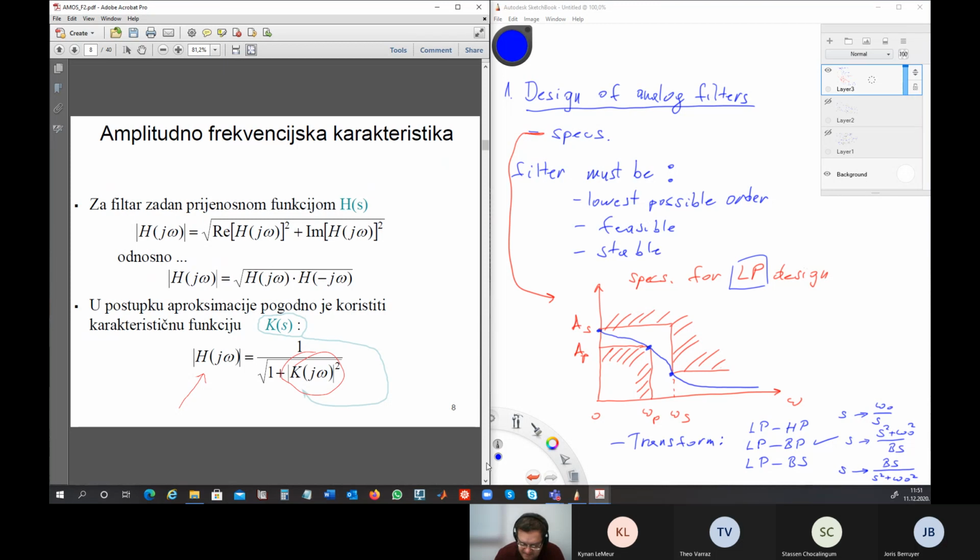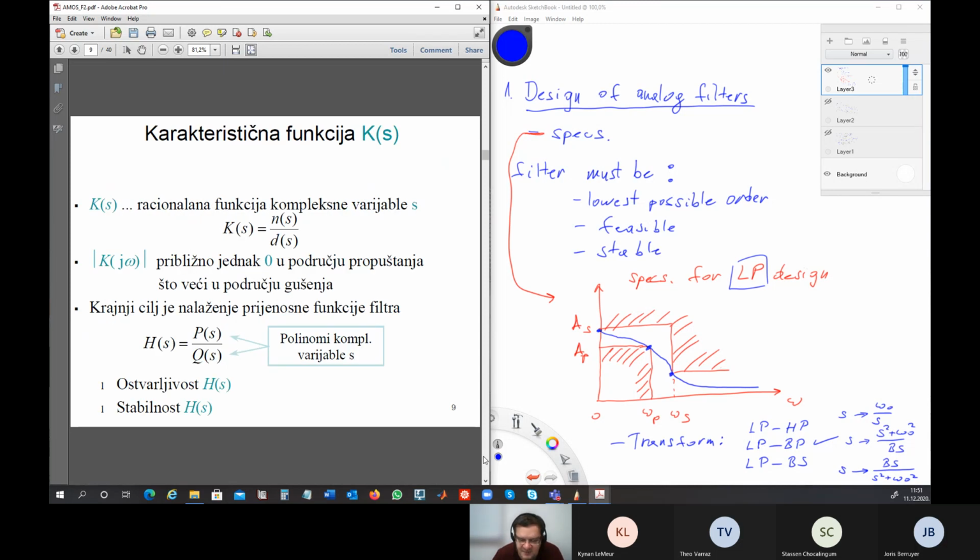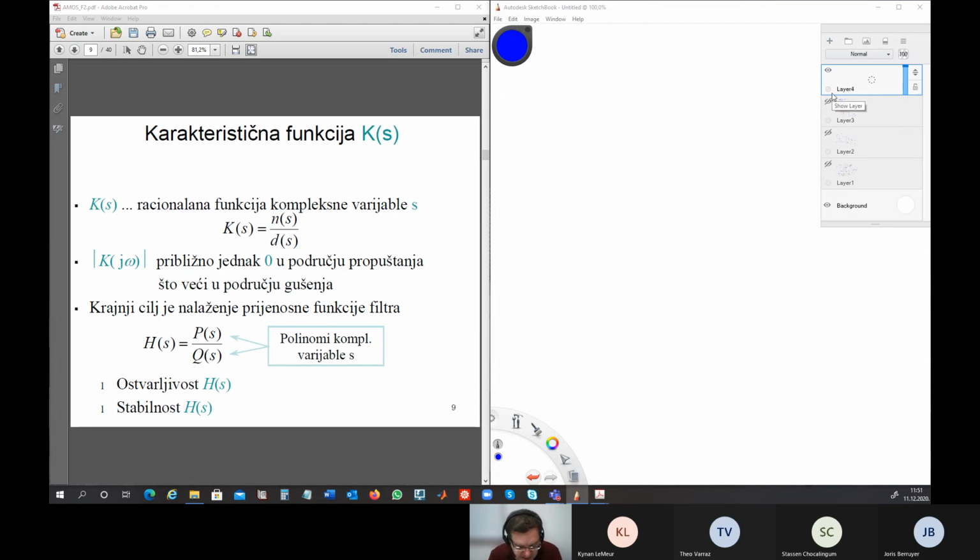How do we use them? K of j omega is a rational function of complex variable, and we will call this the characteristic function, K of s equals N of s over D of s.